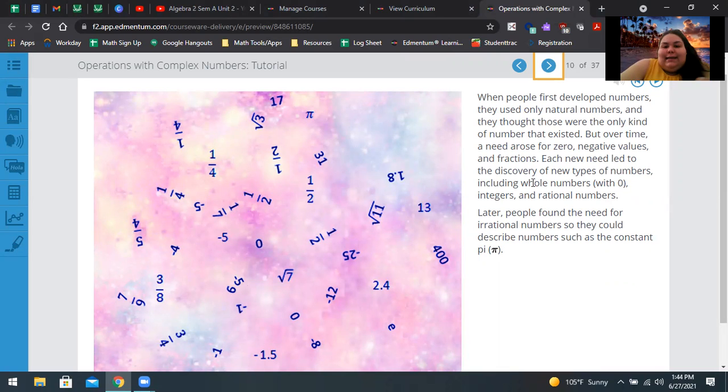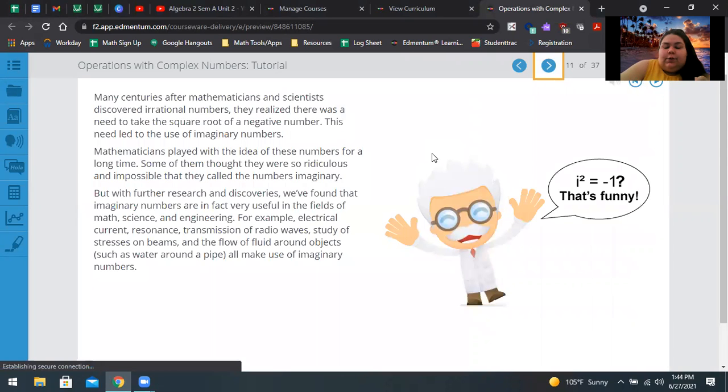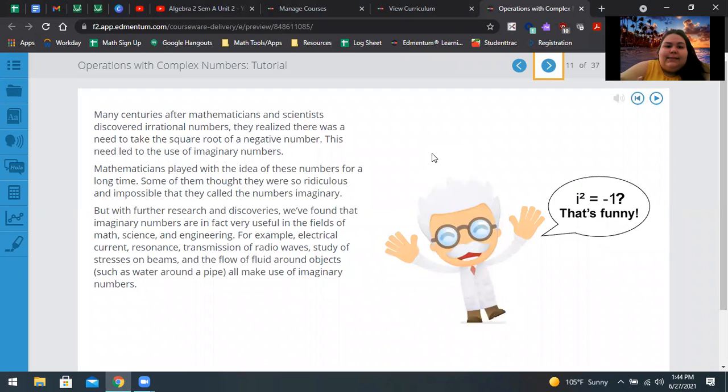So we created a new set of imaginary numbers to help us solve for negative square roots. Many centuries after mathematicians and scientists discovered irrational numbers, they realized there was a need to take the square root of a negative number. This need led to the use of imaginary numbers. I'll let you continue reading that.